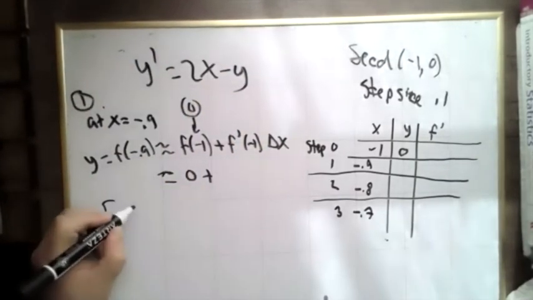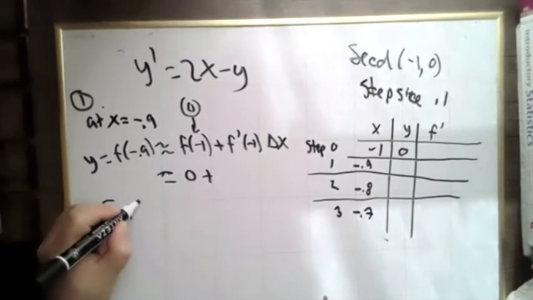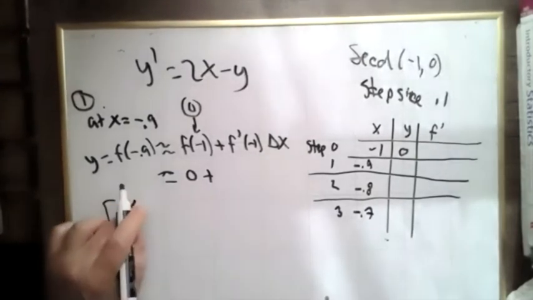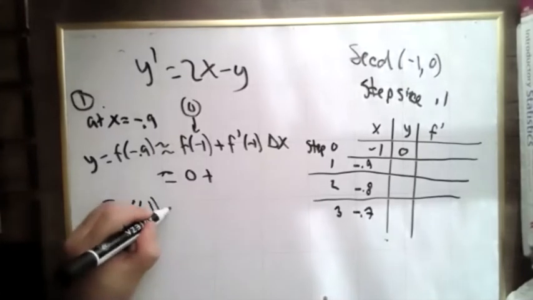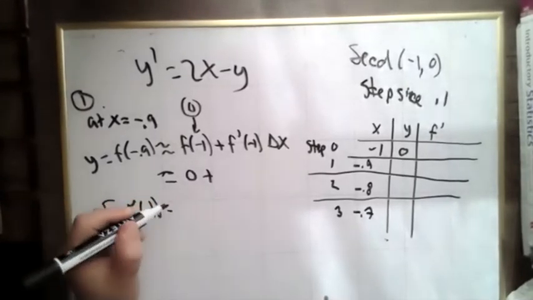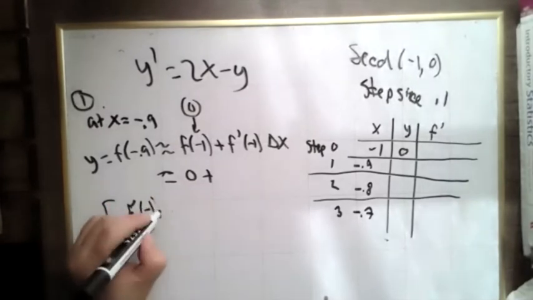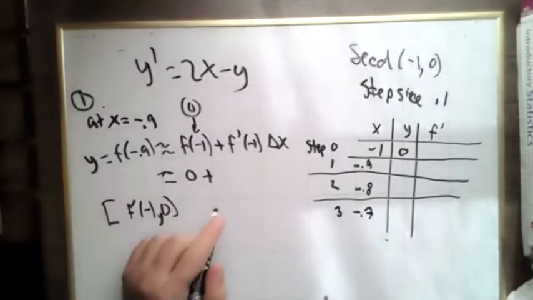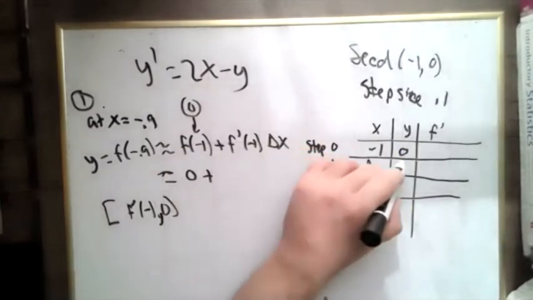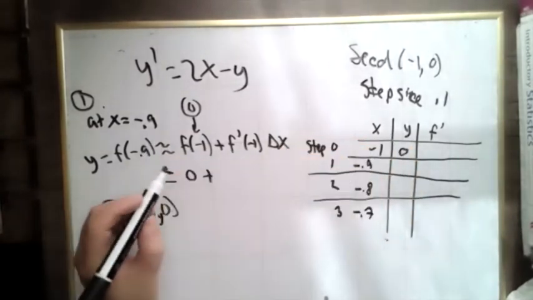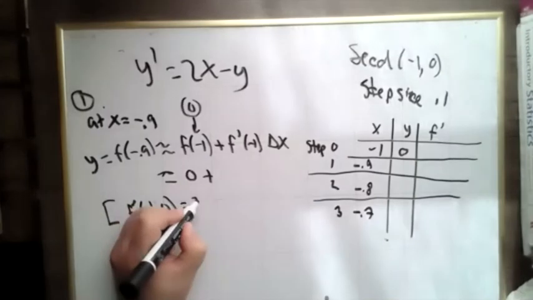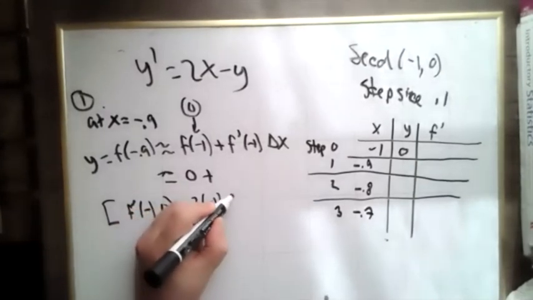So here's a little side work. f prime at -1, 0, because I'm plugging in this last point, would be 2 times -1 minus 0.